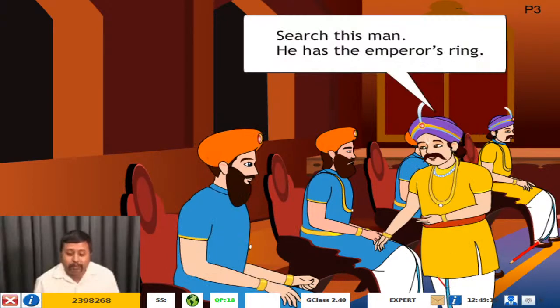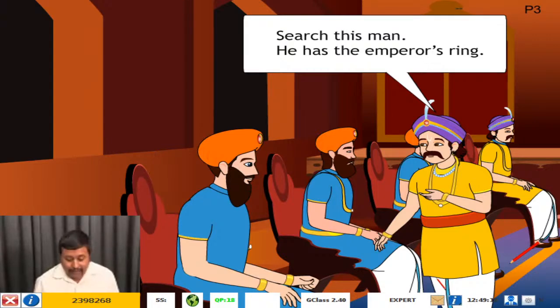One man checked his beard. So this man checked his beard, and that was enough for the clever Birbal to find out who the thief was. So he said, Sirs, this man, he has the emperor's ring. So Hindi ta kotha ase, chor ki dari mein tinka. It's the example of that.